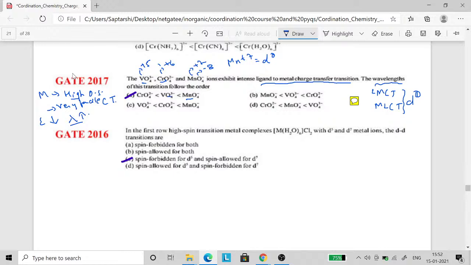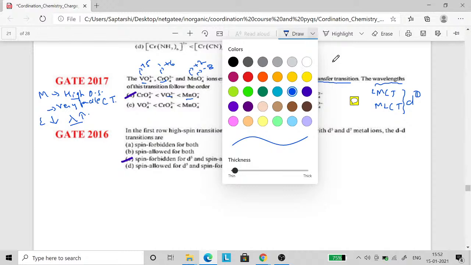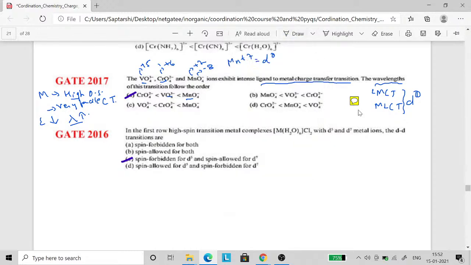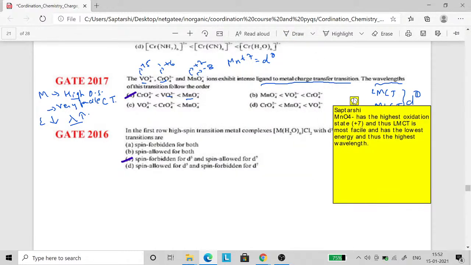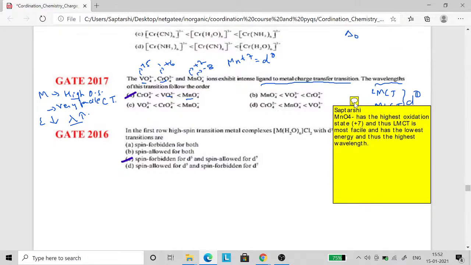Okay, I think there is a small mistake over here. Just check it. There's a small note here that MnO4 minus has the highest oxidation state, and thus LMCT is most facile, and thus it has the lowest energy, and thus the highest wavelength. That's exactly what I said, right?